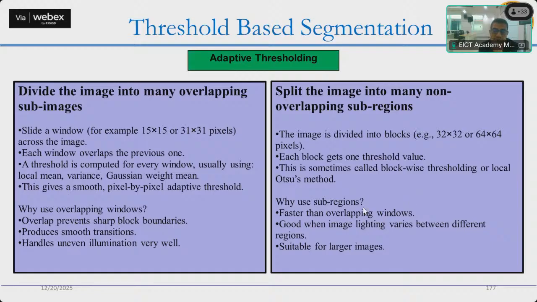Why do we use sub-regions? It is faster than overlapping windows. It is good when lighting varies between different regions. It is suitable for larger images. Remember, only when the image is larger can these sub-blocks work.